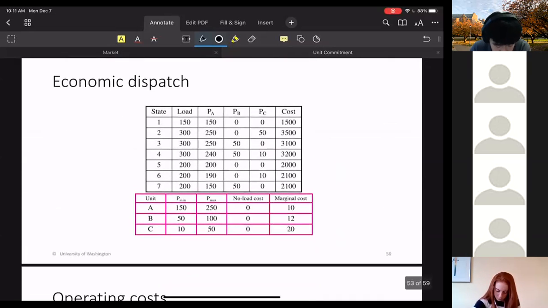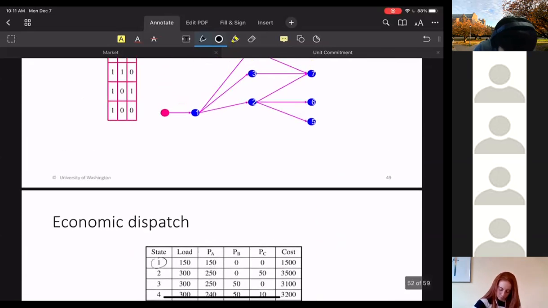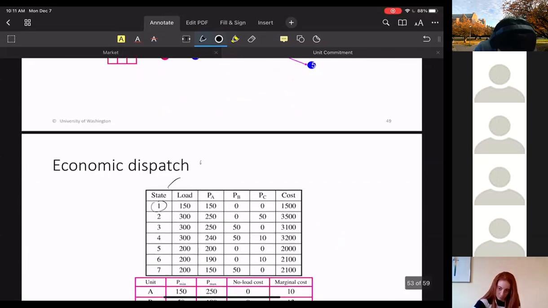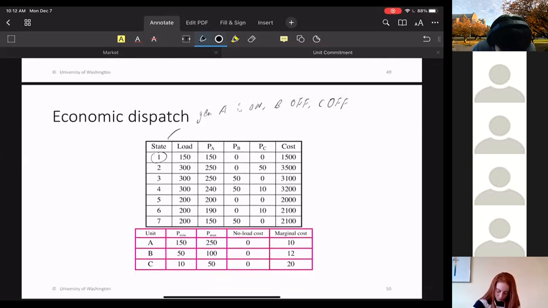Right, so for example, state 1, if you go back to this diagram, you figure out generator A is on, B off, C off. Then we can compute the cost. From each of these states, we can compute the cost.